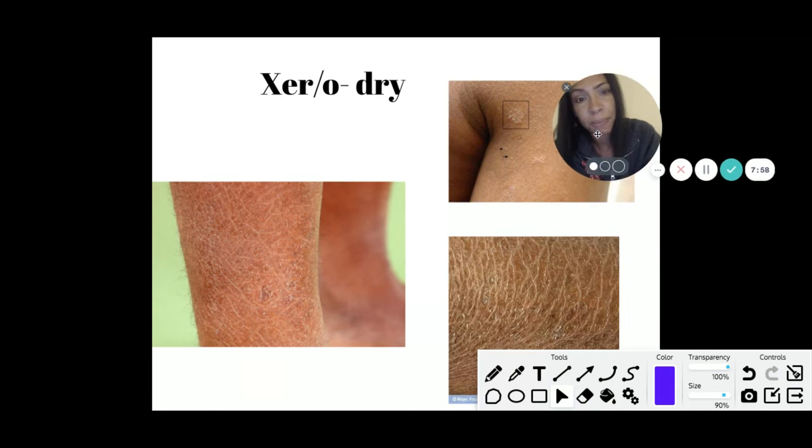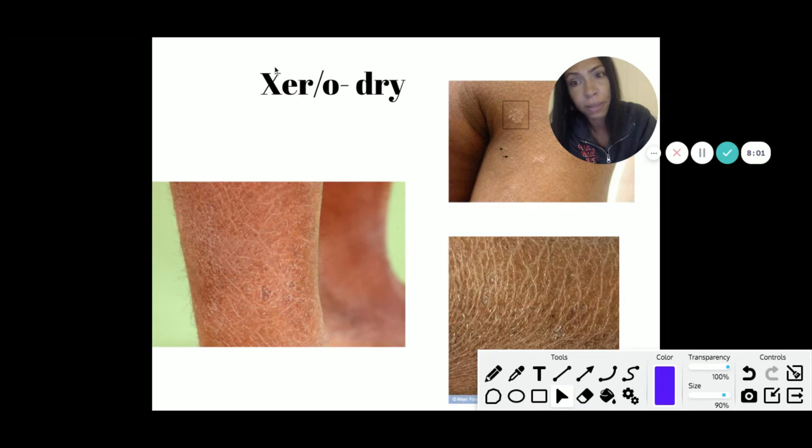Here we have a specific example of xero. So xero, again, using that Z sound, means dry. And it could just be, I'm talking about, oh, that wound is dry. And so that's not abnormal. That's just like, it's xerodermic, right? It's xerotic, okay? I might be able to say that this little patch here is abnormally drier than the rest of the skin. And so I might say that this is a xerosis or a xerotic condition.